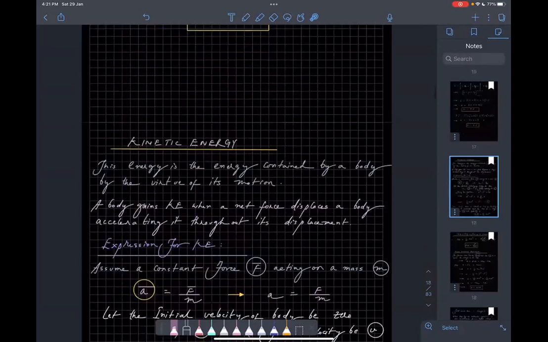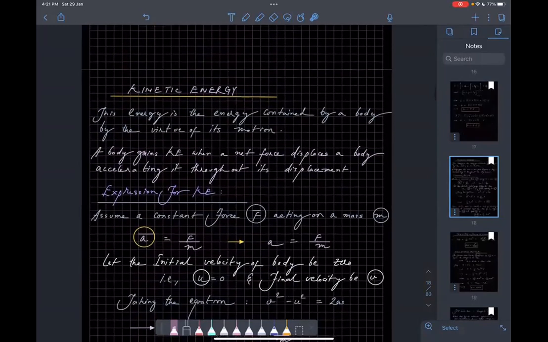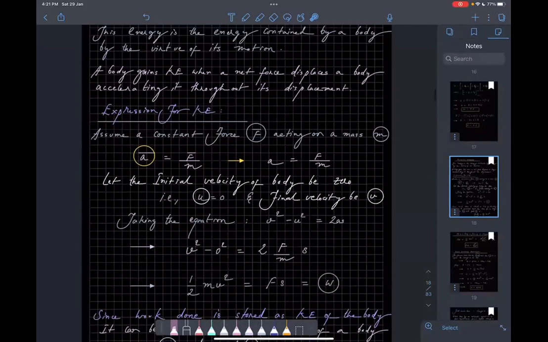Now, we talked about the work energy theorem before, but what is kinetic energy? Kinetic energy is the energy possessed by the body by virtue of its motion. Suppose we want to derive the expression for kinetic energy.